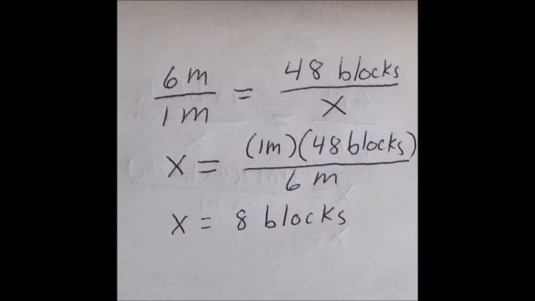But if I choose to make 48 blocks represent 6 meters, I will be spanning the graph paper in that direction as well, with every 8 blocks representing 1 meter. Notice that I don't have to use the same scale on both axes. I treat them independently and choose that scale which works best with that data set. Applying this scale to the vertical axis, I apply tick marks, label each of those tick marks, and label the axis, including its unit.